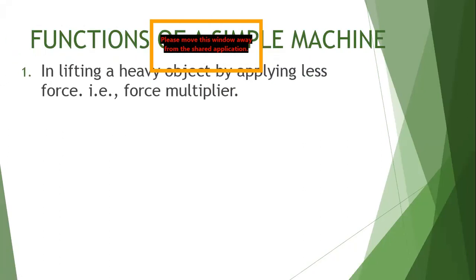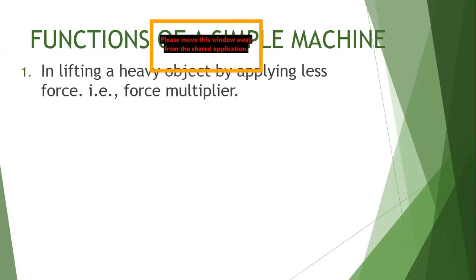Okay, so we generally use machines in lifting a heavy objects by applying less force. Exactly. That is what we fundamentally use machine for, in lifting heavy objects. But if you want to lift heavy object, then you are unable to apply the force required to lift it.